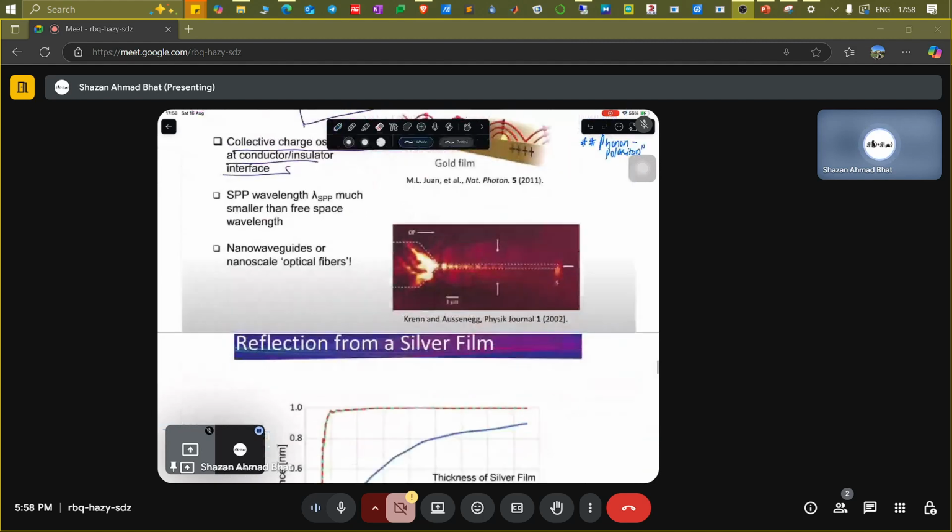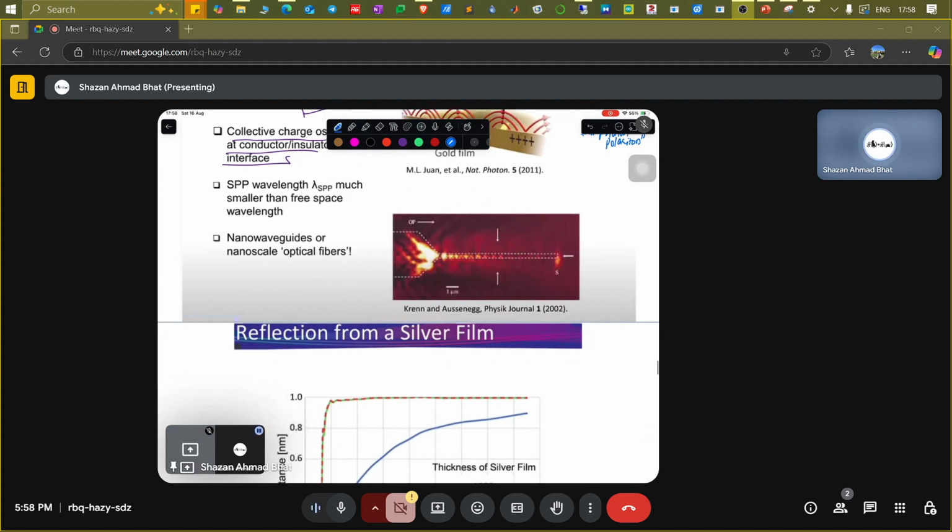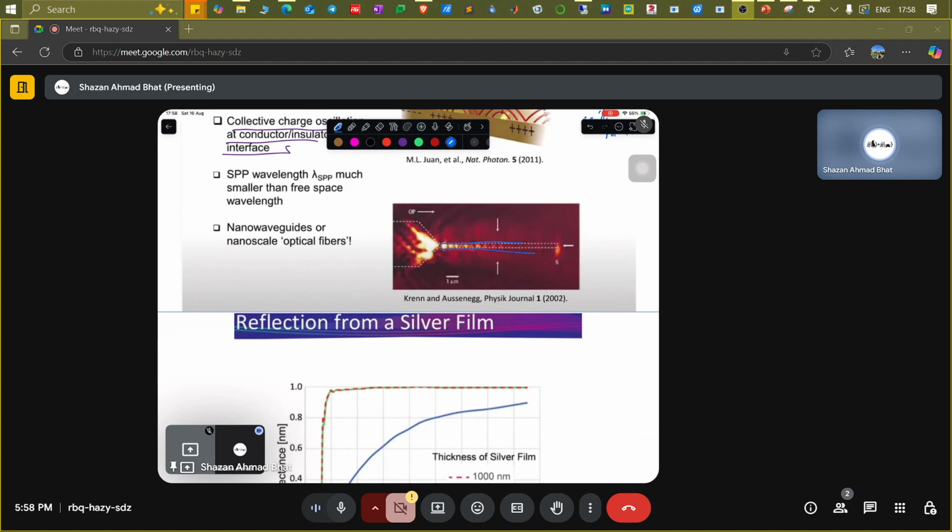So what they can do is be used to enhance or transmit certain electromagnetic energy in a certain direction, and they can hence act like an optical waveguide. These are the surface plasmon polaritons, and they can transmit the signal in one direction.